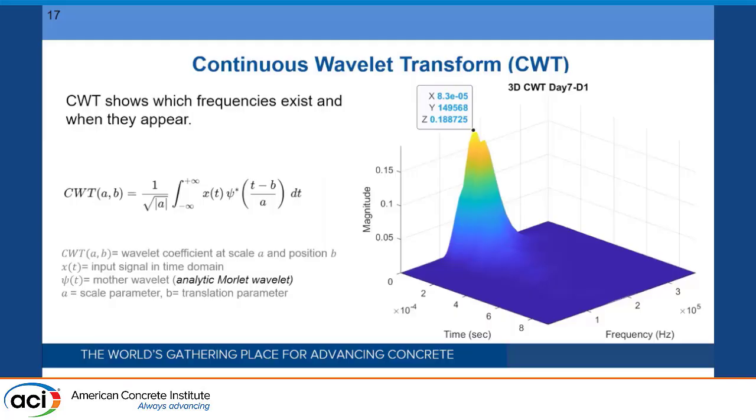An example of a 3D CWT, again from one of our specimens with a dry interlayer at day 7, is shown here. It can be seen that the dominant frequency happened at this time, which is 83 microseconds, and it had this magnitude.